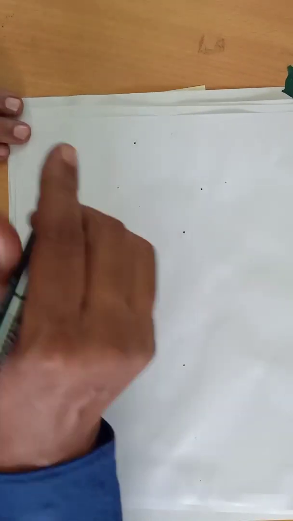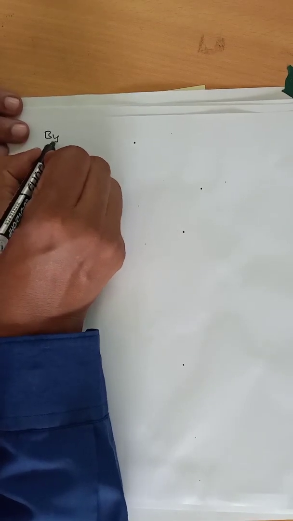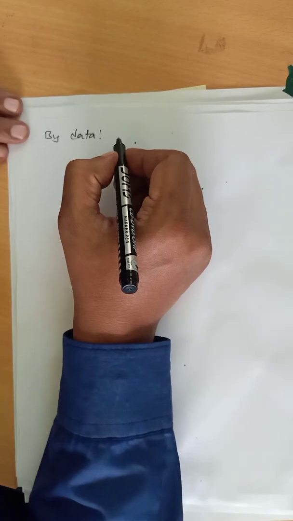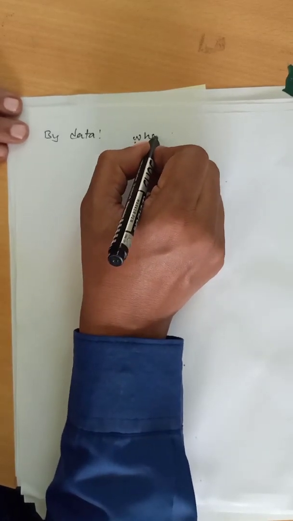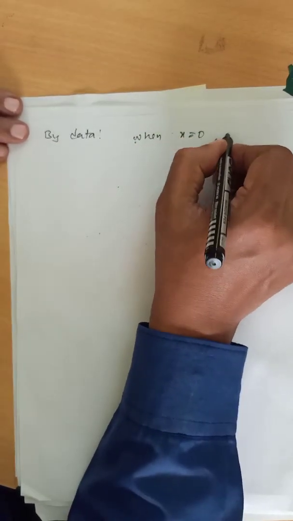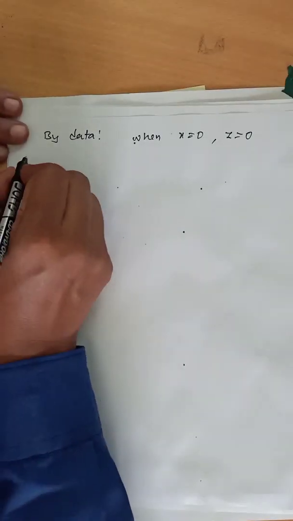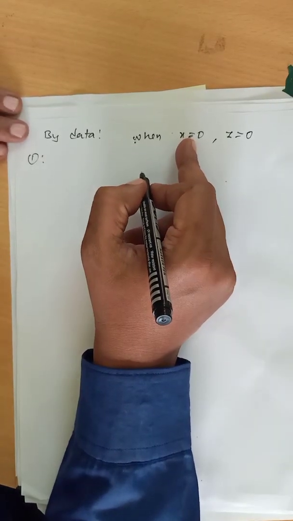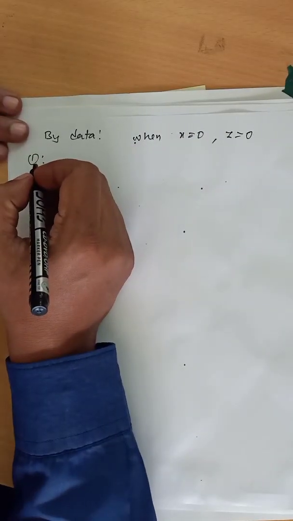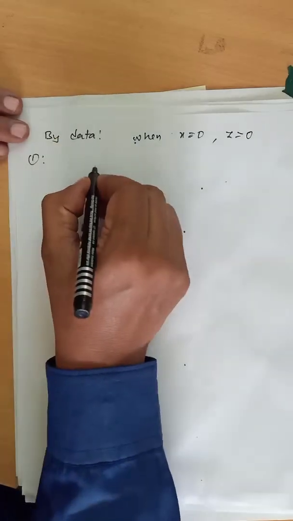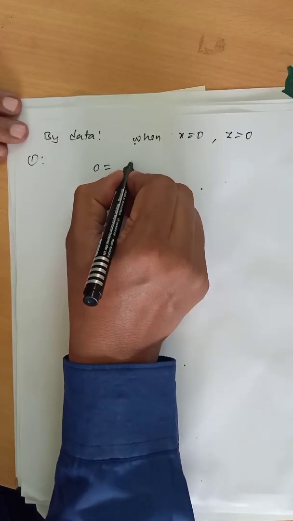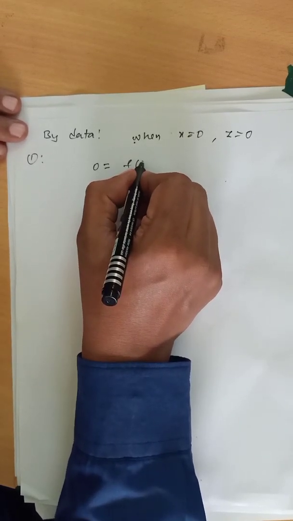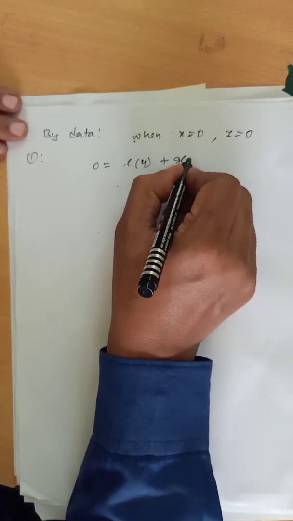First apply the first condition. When x = 0, z = 0. So equation 1 becomes, left hand side z = 0, e^0 is 1, so 0 = f(y) + g(y).